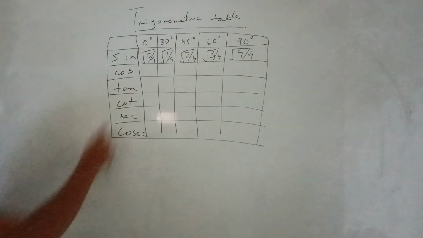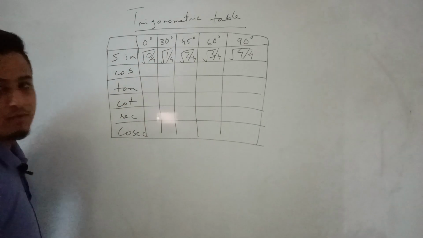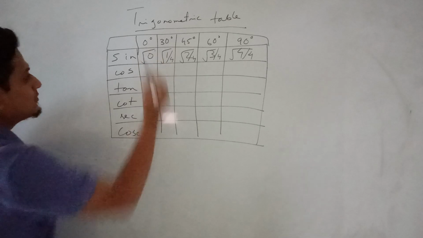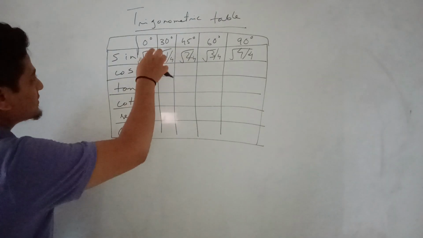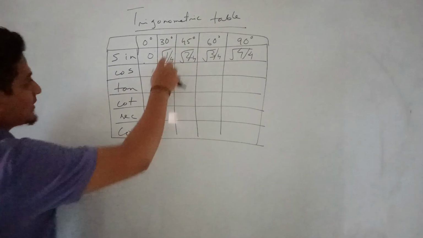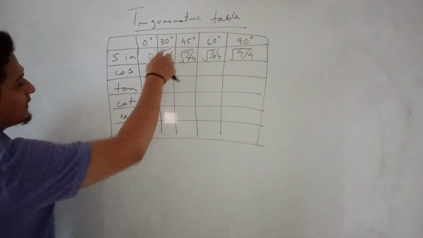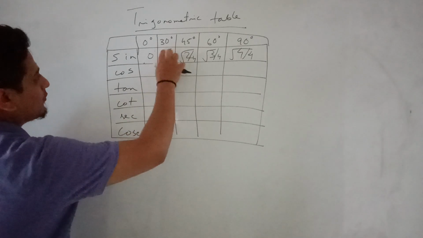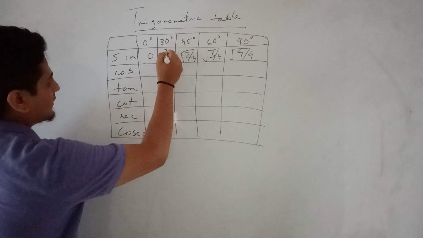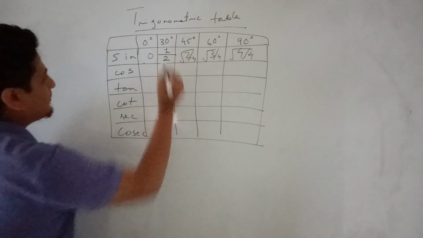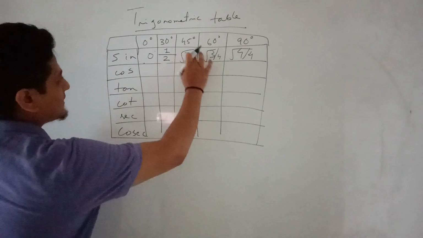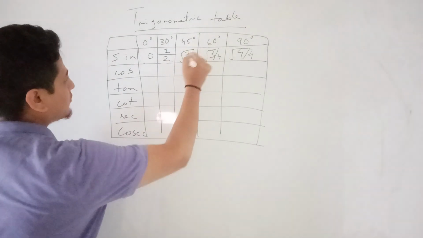Okay. Now see, for the first term, 0 by 4, what is 0 by 4? It is 0. And what is the square root of 0? It is nothing but 0. Right. Now what is 1 by 4? It is 1 by 4. And if you take the square root of 1 by 4, what are you going to get here? In the numerator it will be 1 and in the denominator it will become 2. Now in this case 2 by 4, what is 2 divided by 4? It is 1 by 2.